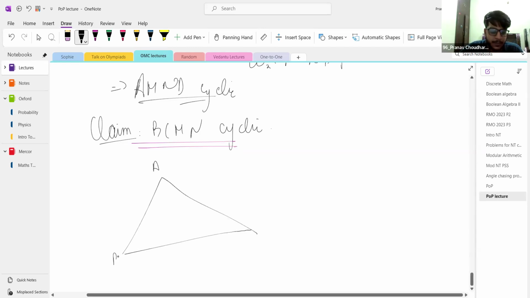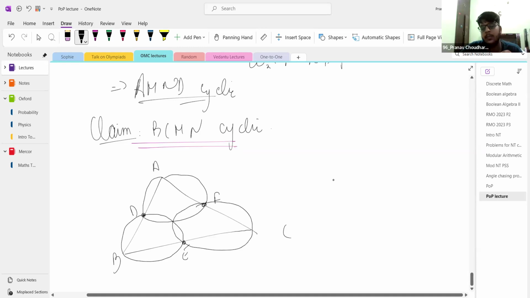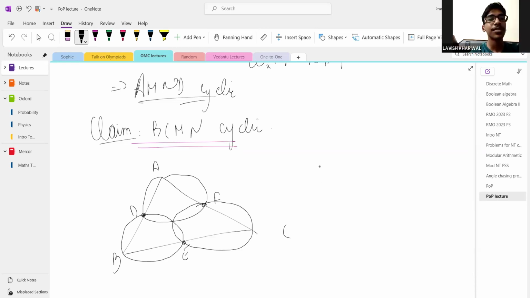ABC is a triangle, with some random points D, E, F. Prove that the circles ADF, BDE, and CFE concur at a point. So that's what we did here.